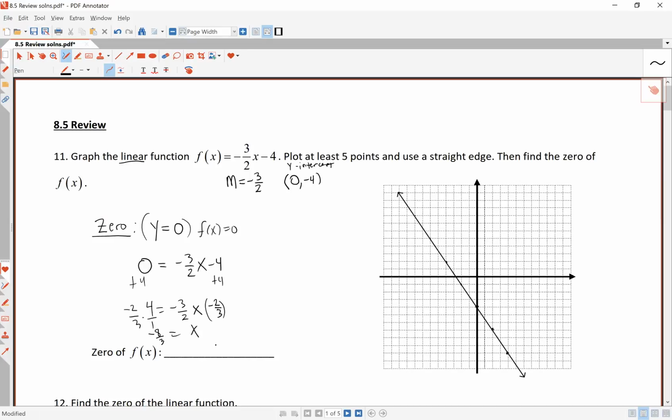So we say the zero is negative 8/3. It's not stated as an x-intercept, it's just stated as a number. And negative 8/3 is negative 2 2/3. And that looks like the right value there, negative 2.67.